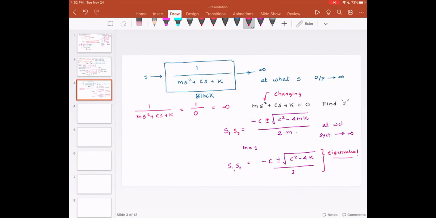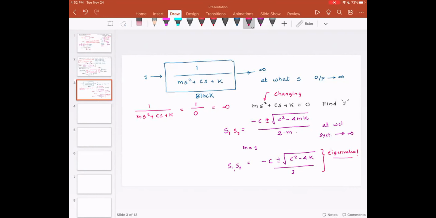However, in the Laplace domain or the transfer function domain, these are called poles. So the eigenvalues are used in the time domain and poles are used in the Laplace domain, but the meaning is one and the same. And now I'm going to go back and come up with the same analysis. Check this out.